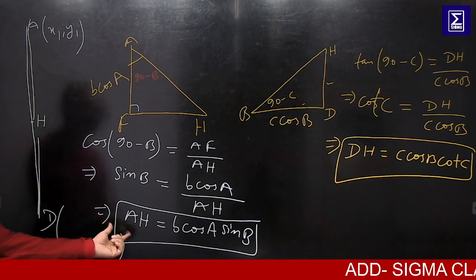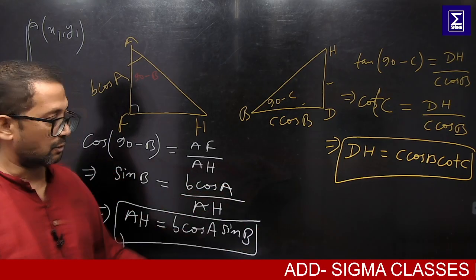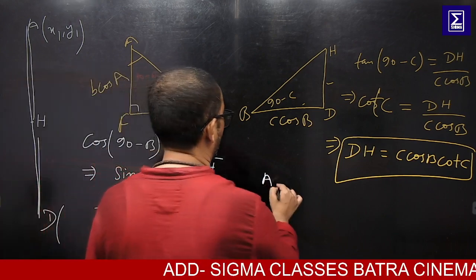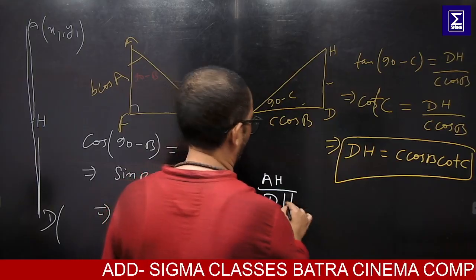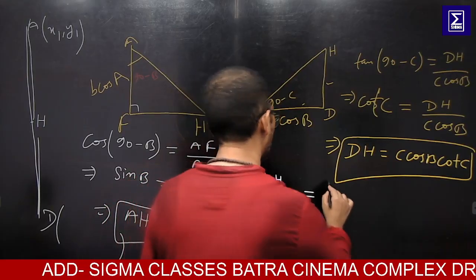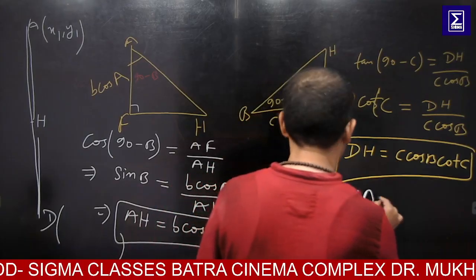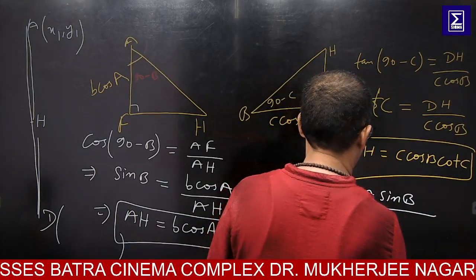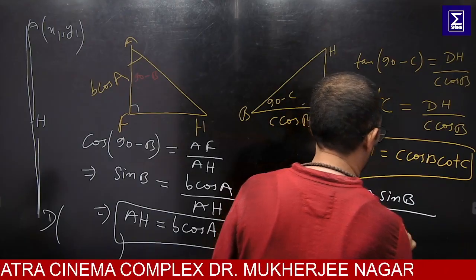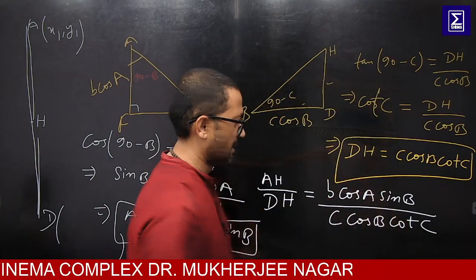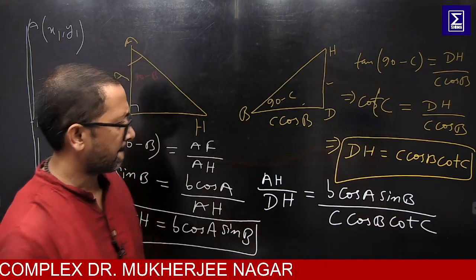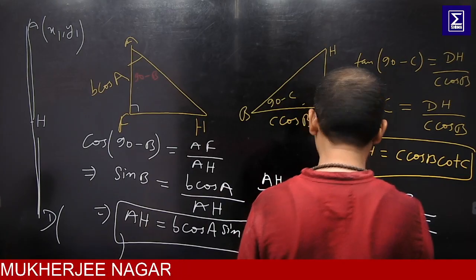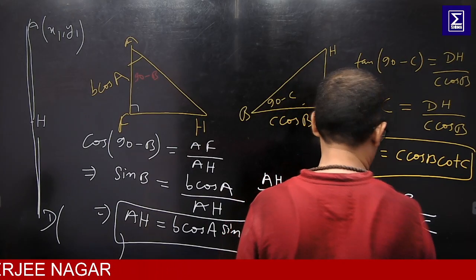So AH we already got, DH we already got. So we have to find AH upon DH first. AH upon DH can be written as b cos A sin B upon c cos B cot C. Is that clear? So in the next slide, remember this, AH upon DH.